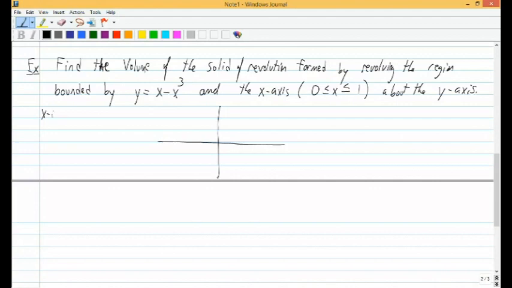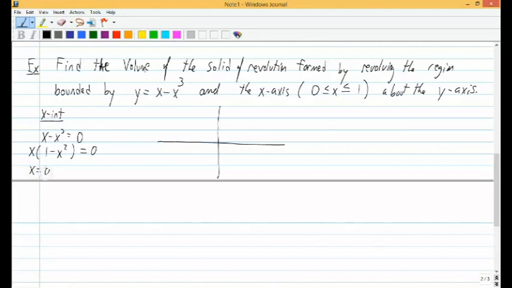So my x-intercepts, you set y equal to 0 and solve. So if I say x minus x cubed equals 0, to solve for x, you'd want to factor. That would be x times 1 minus x squared. And then once you have a product here, you can set each one of those equal to 0.